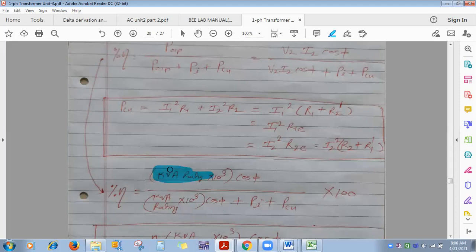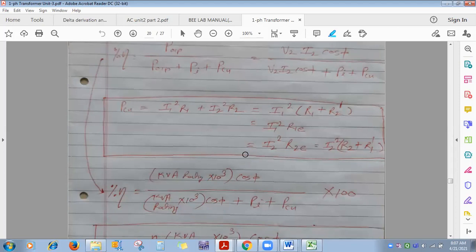Now, whenever I say kVA rating, on the nameplate you find only the full load kVA rating. When the load is half, then kVA rating becomes half. But that is easy. Suppose it's a 100 kVA transformer. If you are asked to calculate the efficiency, directly you can put kVA rating as 100, because that is the kVA rating at full load, whatever is given on the nameplate.